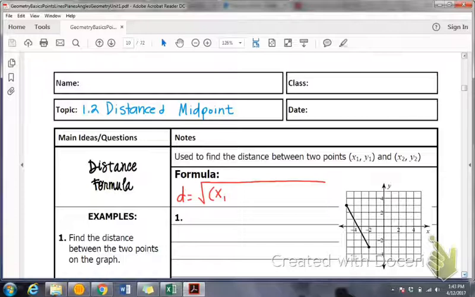This just means the first x that you have. Minus x2. That just means the second x that you have. Whatever that is, we're going to square it. Plus y1 minus y2. And then we're going to square that.